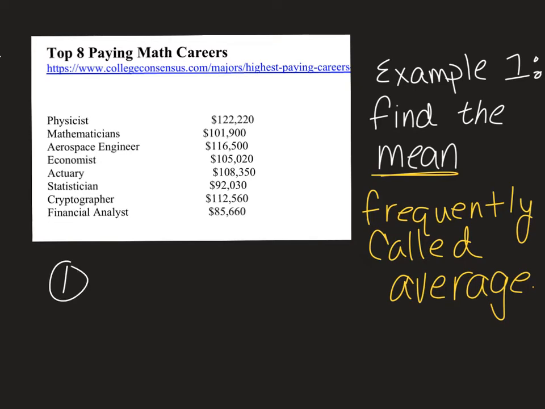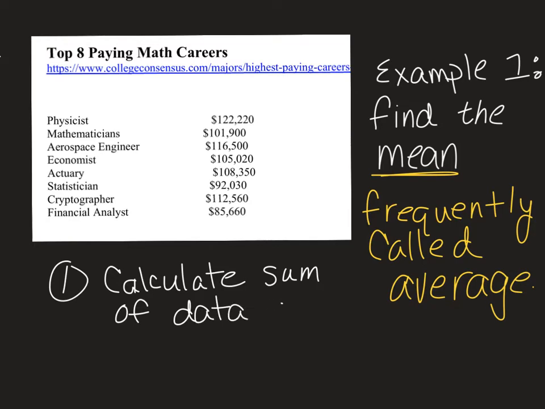Step 1, we are going to calculate the sum of the data set, and sum is the mathematician word for the answer to an addition problem. So we're going to add all of those salaries together in order to find the mean or the average.